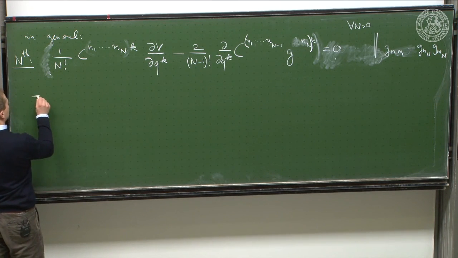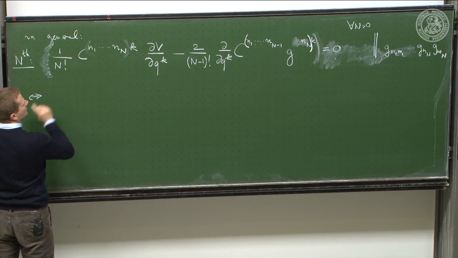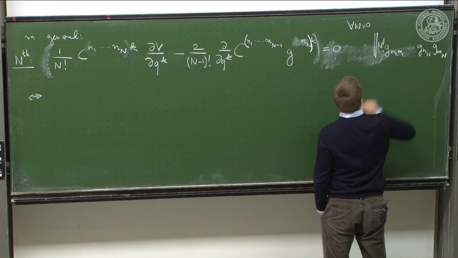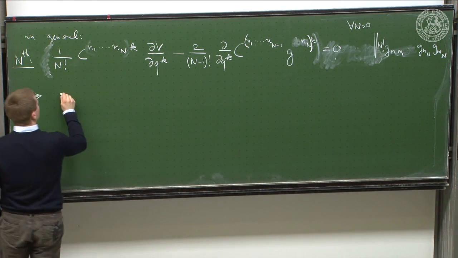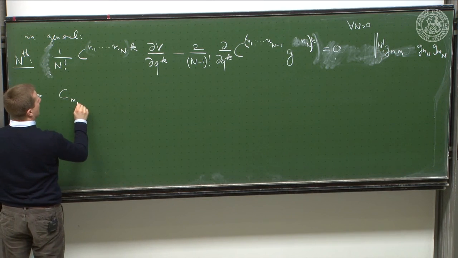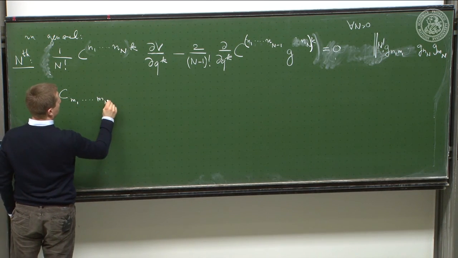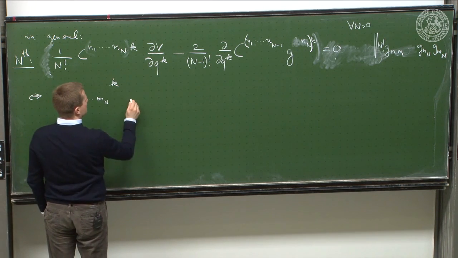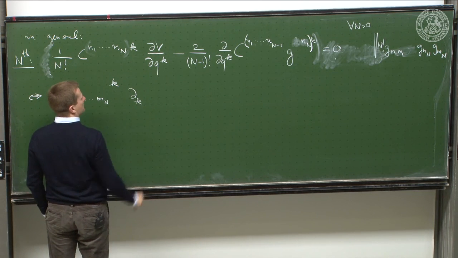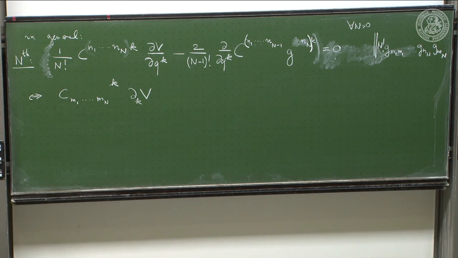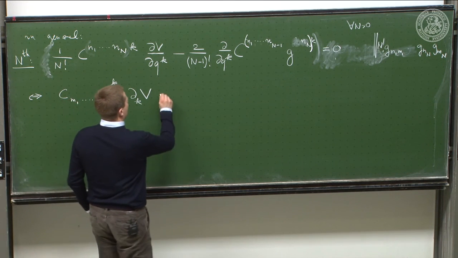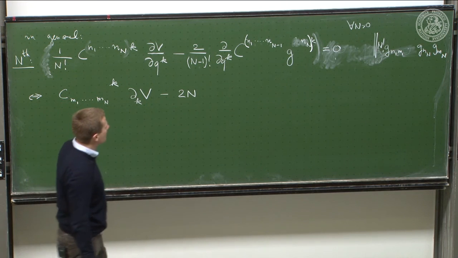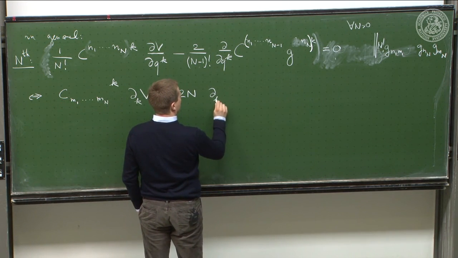So what we get then from that, it's equivalent to, oh, and we could multiply by n factorial, because that cancels this factor here. So then we get C_{m1 to mn}^k. The k stays up there. And now I write this derivative, del k, just means with respect to spatial coordinates. Del_k V minus 2n, because n factorial and the 2 and so on. And here I have del_k, spatial derivative.